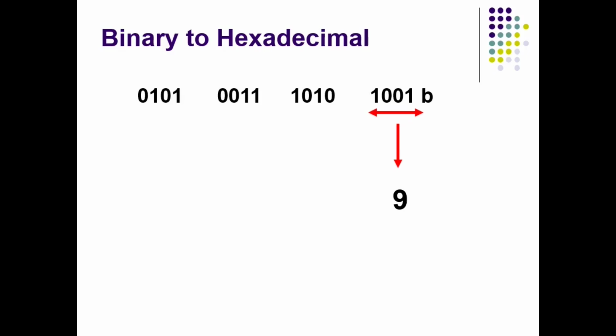It is nothing but 9 in hexadecimal. Then we combine the next 4 bits, that is 1010, which is 10 in decimal, but in hexadecimal for 10 we call it A. Then 0011 is nothing but 3, and the remaining 0101 is nothing but 5.